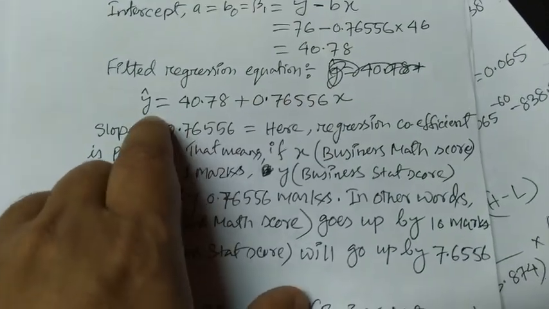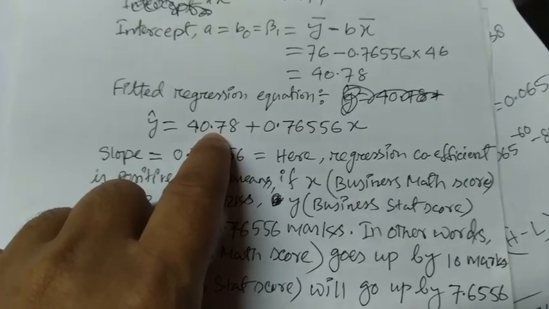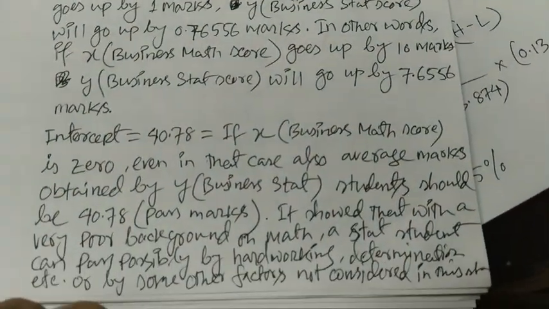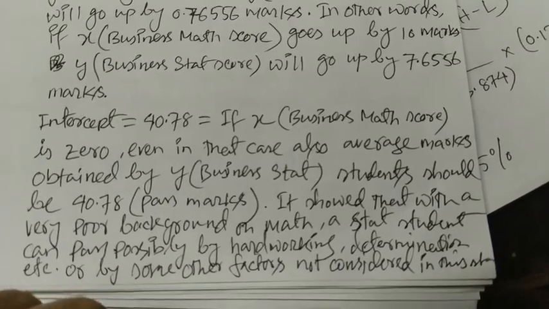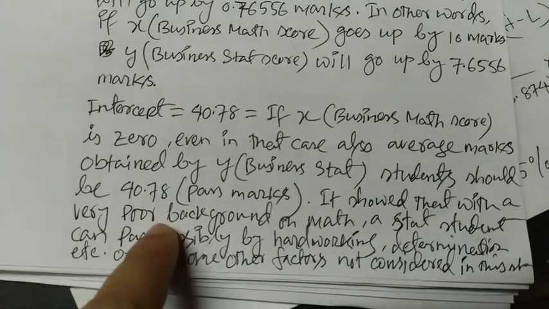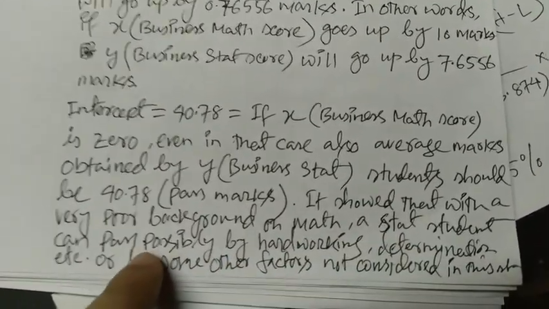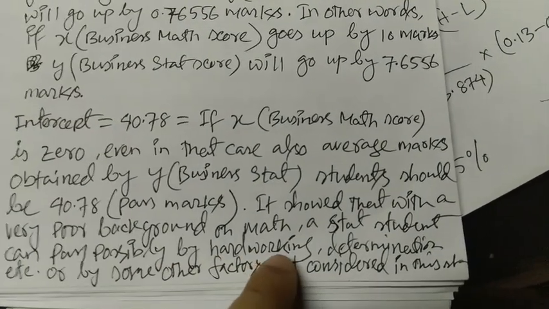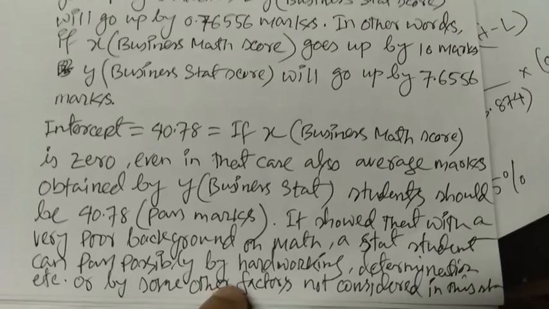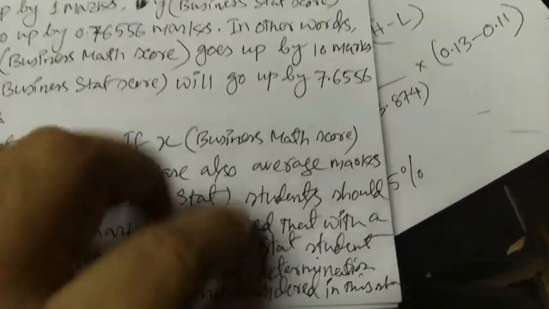So it shows that even with a very poor background in math, a stat student can possibly pass by hard work, determination, or some other factors not considered in the model.